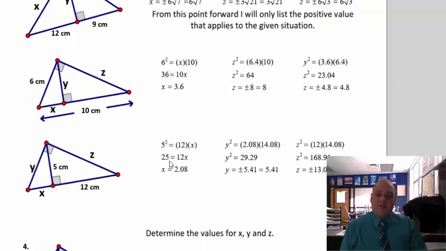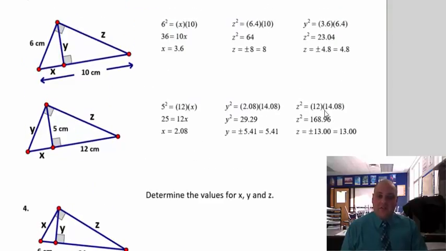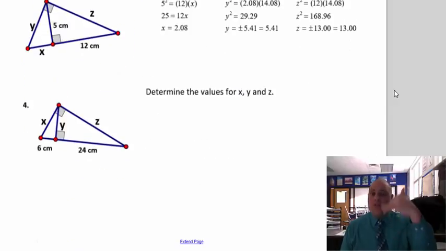I want to skip down to this example here, number 4, the first one that we actually have to do. And I'm going to do 4 and then 2 on the next page, and that's going to help you out a lot. So we have x, y, and z. This time x and z are the legs, and then y is the altitude. So the first thing we're going to do is find x.